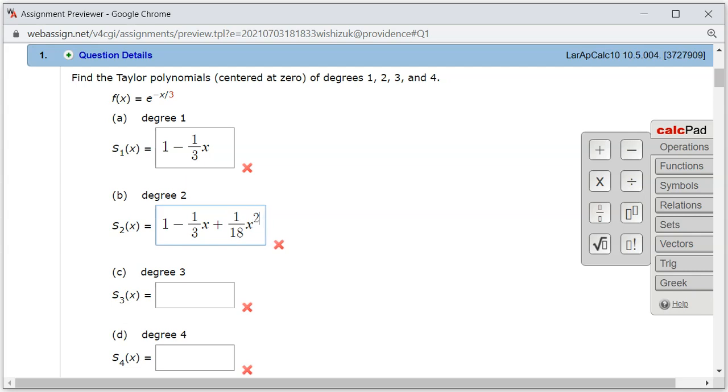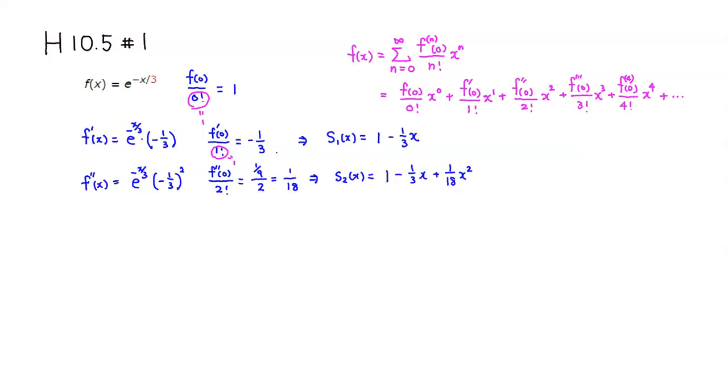Let's do S3. Take another derivative, f triple prime of x. You can see what's going to happen next: you have e to the negative x over 3, and now this is going to be cubed.